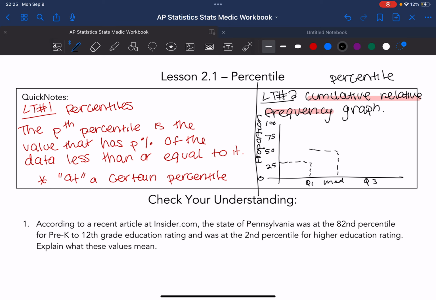Our median is at that 50%. And our Q3 is at our 75%. And if we look at all of these data values, we form a different type of slope. So let's say we had data values here, here, here, here. If we were to connect all these, this would talk about the slope of data. Okay.